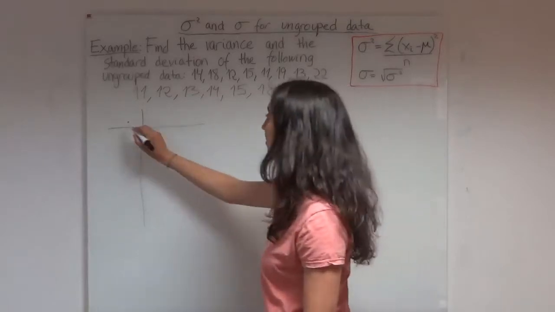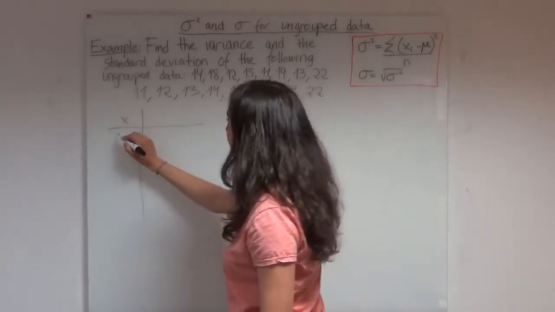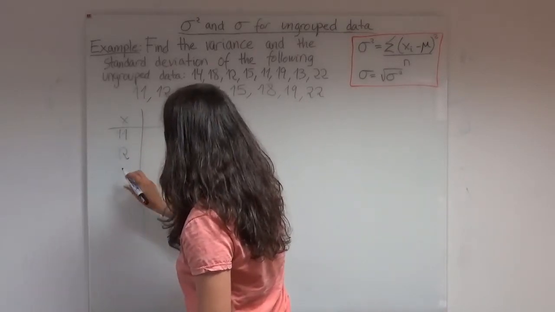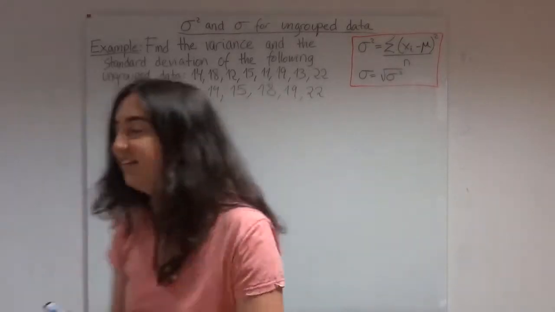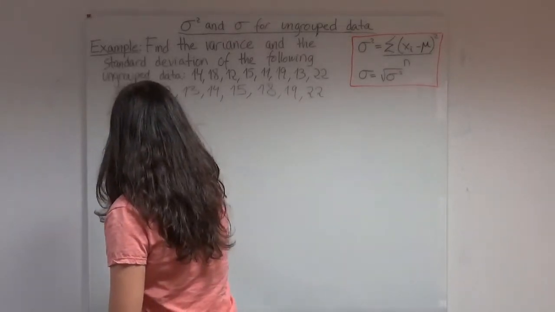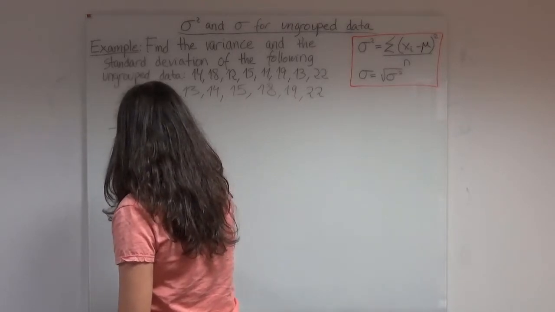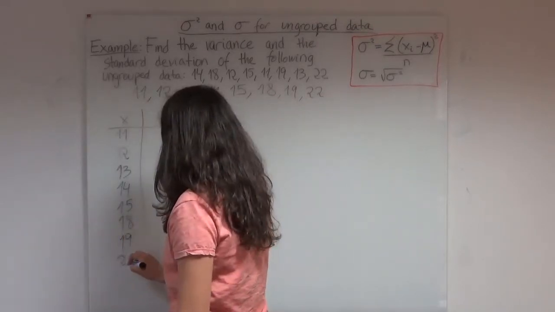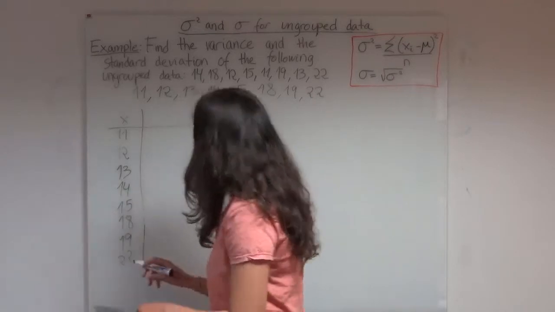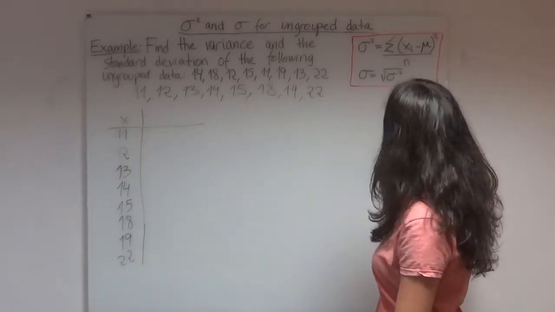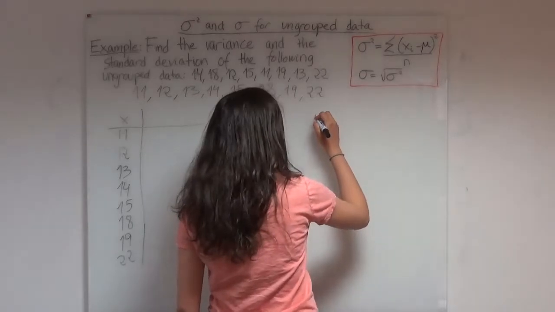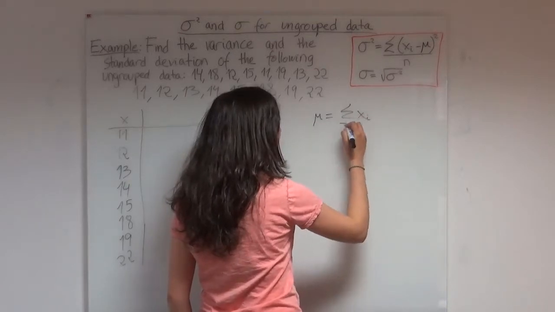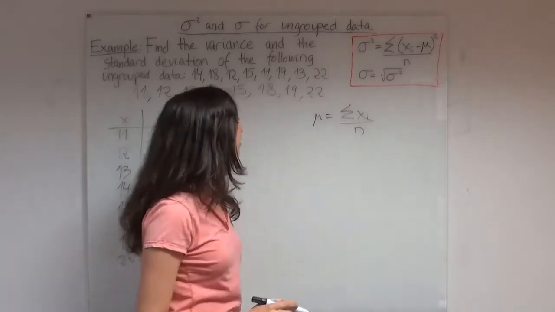The next step is to make a table, and our first column is going to be these values, which are the values of x. So we're going to have 11, 12, 13, 14, 15, 18, 19, and 22. Now the following step is to find the value of nu, which, as I've said before, is the mean. So nu is going to be just the sum of the values for x over the number of values that we have.